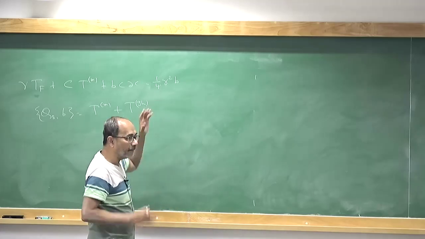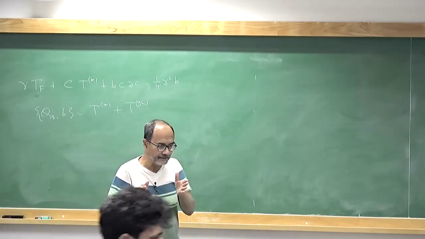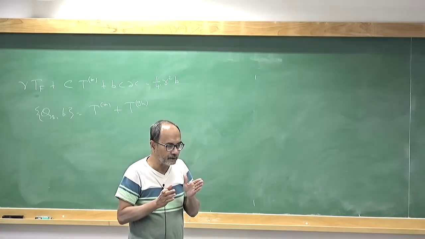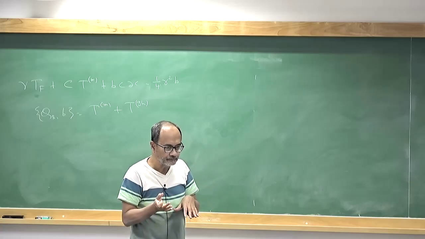Because it's not the energy momentum tensor, it's the supercurrent, so the supercurrent will have a product of a super ghost and a normal ghost. That's this gamma B.